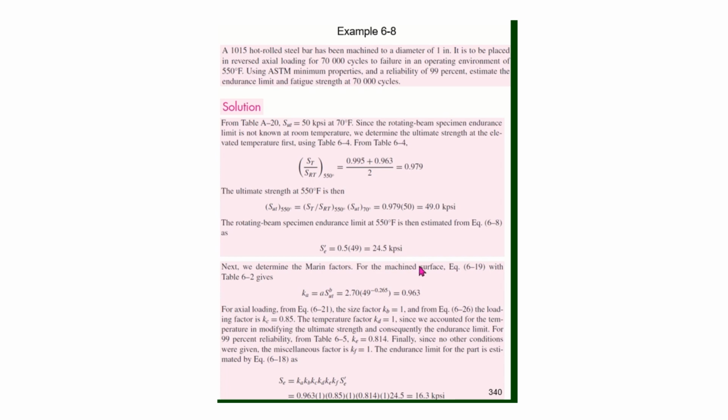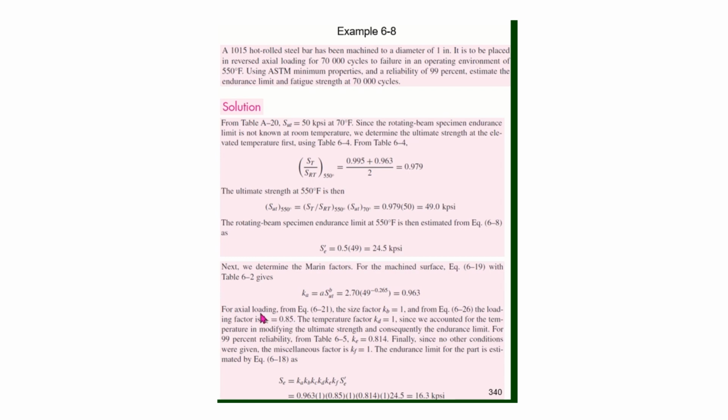So for the machined surface, we can see that Ka is given by A SUT to the B, and if we look up these values in the table, we'll get A is 270 and B is minus 0.265, so we can compute a Ka of 0.963. This value is less than 1. It's a high value, but a machined surface is a good surface, and so this is an expected value here.